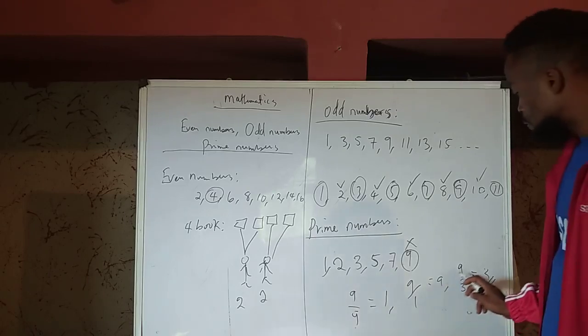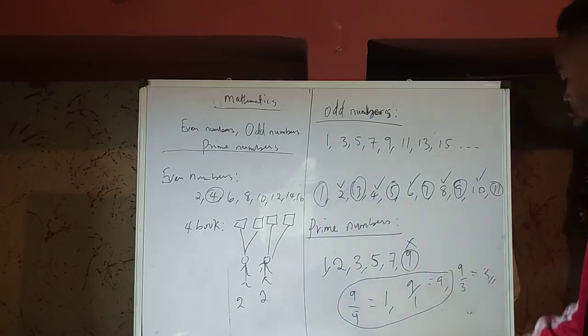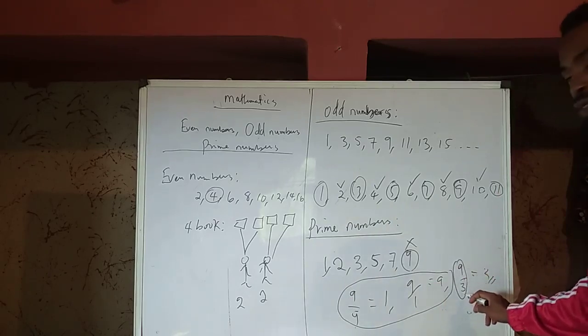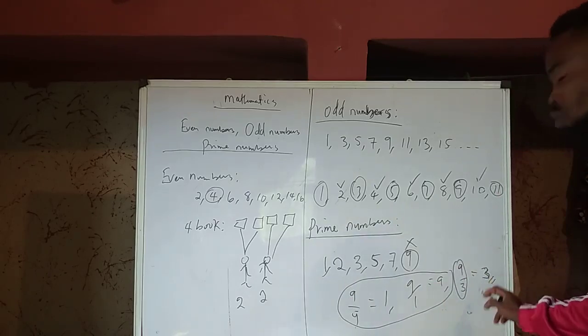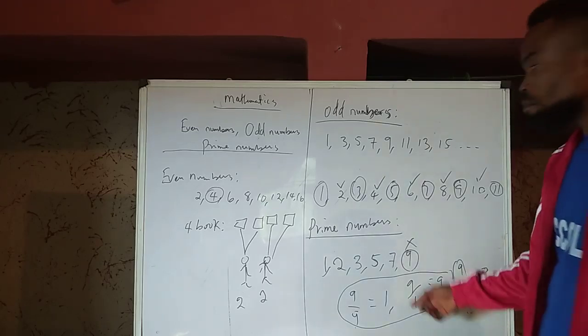If 9 was a prime number, the first two would be the only possible divisions. But since we can do 9 divided by 3 to get 3 as a whole number, it means 9 is not a prime number.